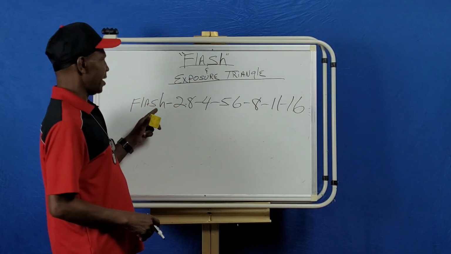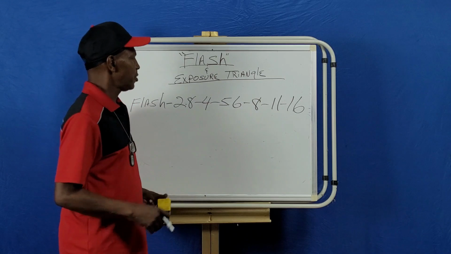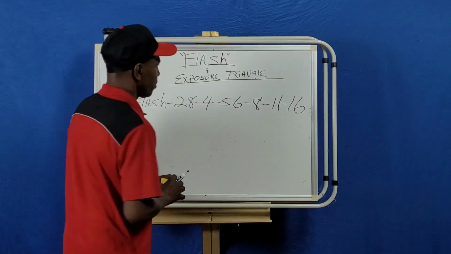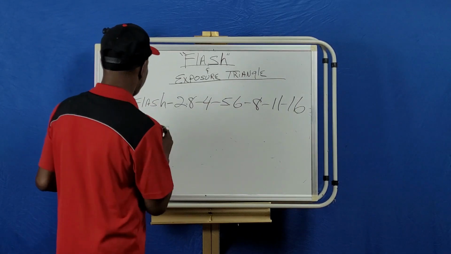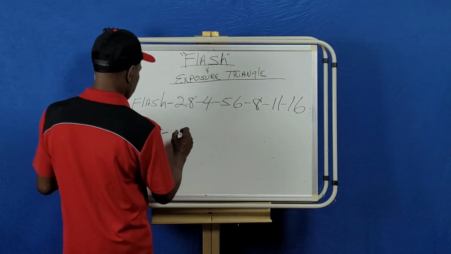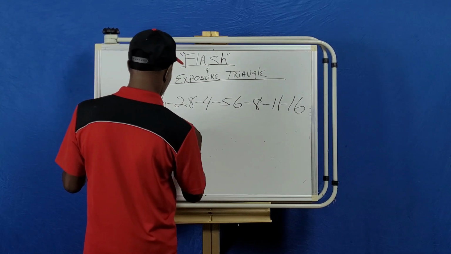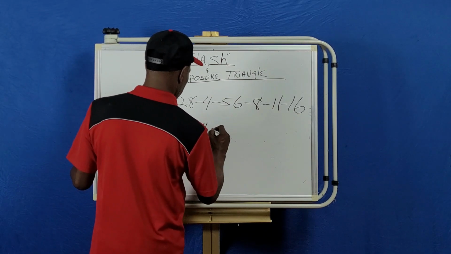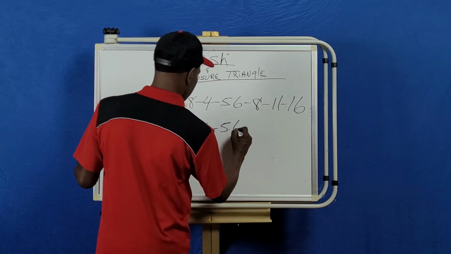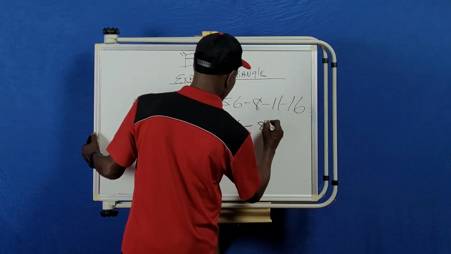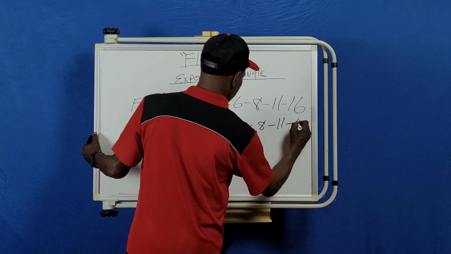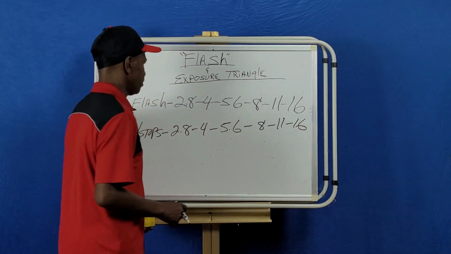Now this is flash. These are your flash output numbers. All right, so let's add the f-stops on it. So you're going to have 2.8, 4, 5.6, 8, 11, and 16.